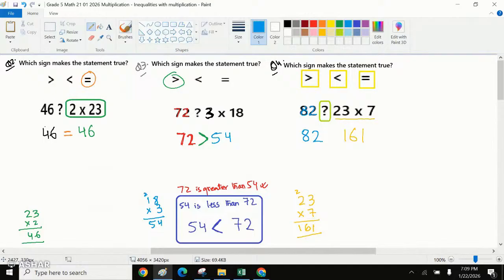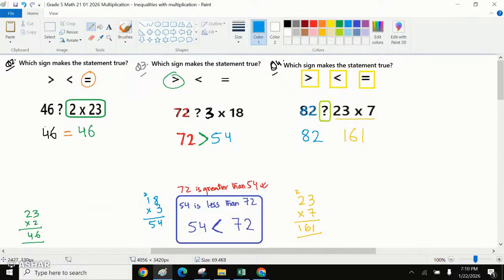Valerie, which number is bigger? No, Aiken. See, we are not looking at the sign right now. You gave me the sign, that is wrong, but my question is, which number is greater? Is 82 a bigger number or is 161 a bigger number?